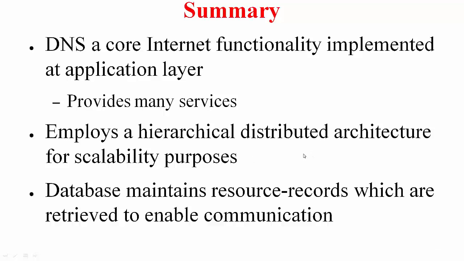So there are different levels of DNS servers. There are root servers, top level domain servers, authoritative servers, as well as a local DNS server. As we have seen, these servers help resolve queries. They maintain this database consisting of resource records, which are retrieved by an end user to establish communication with other hosts in the internet.